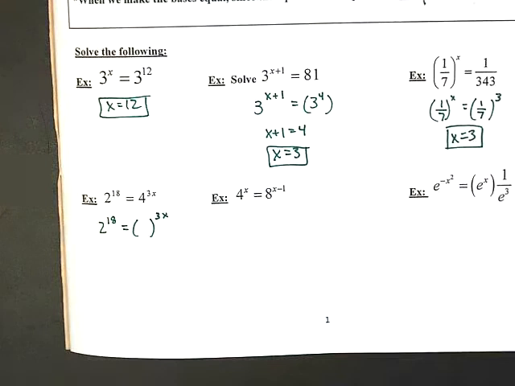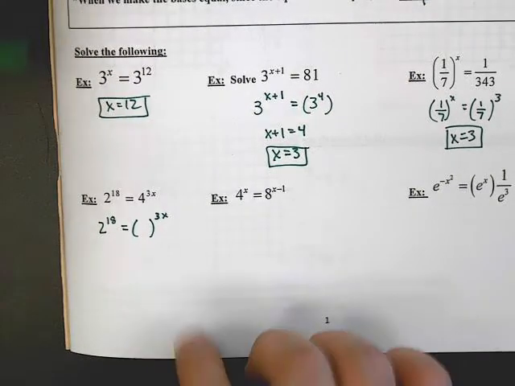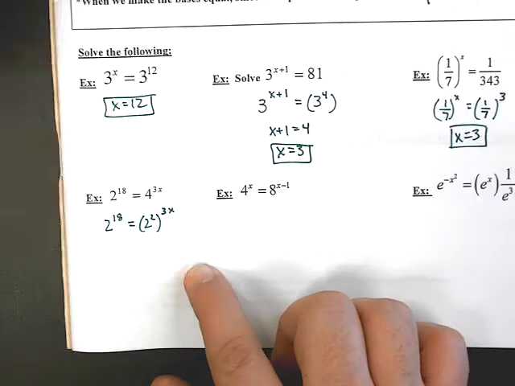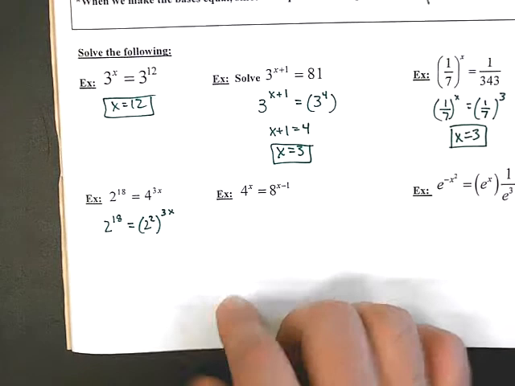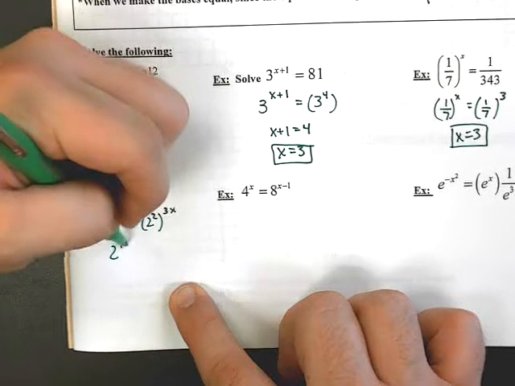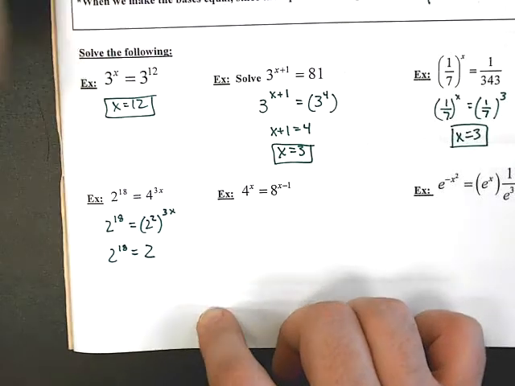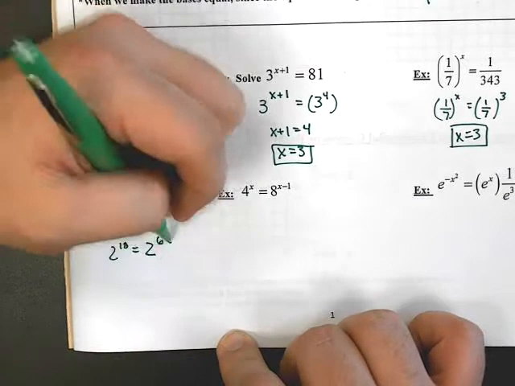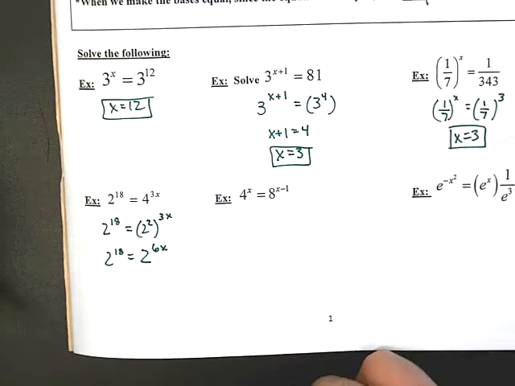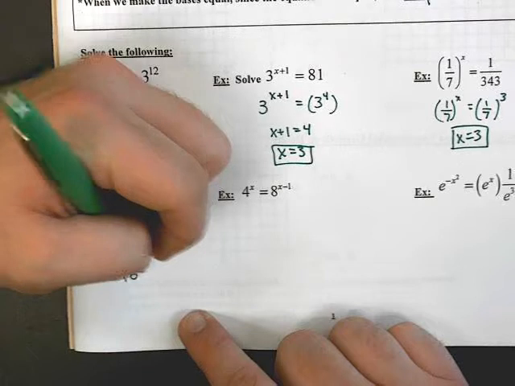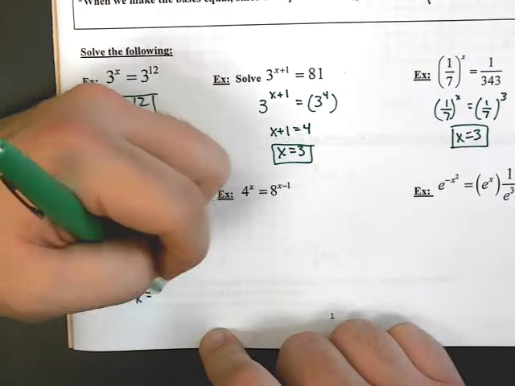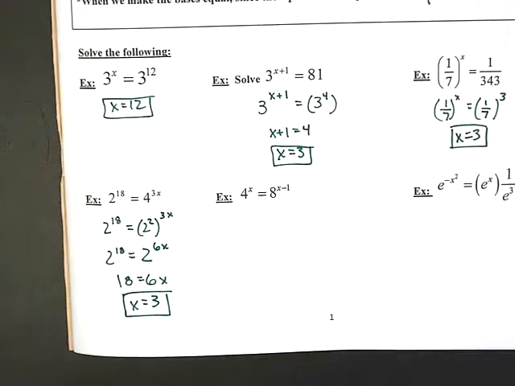How can I rewrite it in terms of a base of 2? 2 squared. I know you all said it. So 2 to the 18th equals 2 squared to the 3x. Be very careful. This is a power to a power, so I'm going to multiply those powers together. And then I can set my exponents equal, which means I can get my x value.